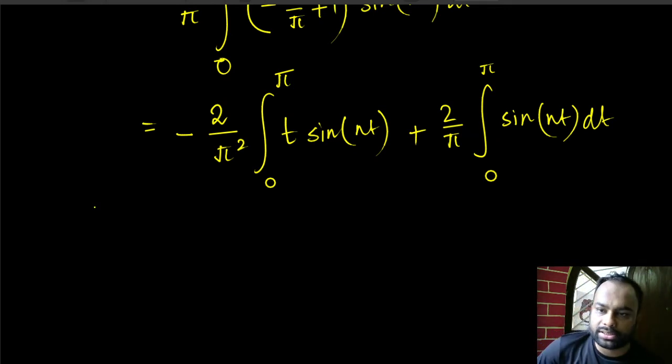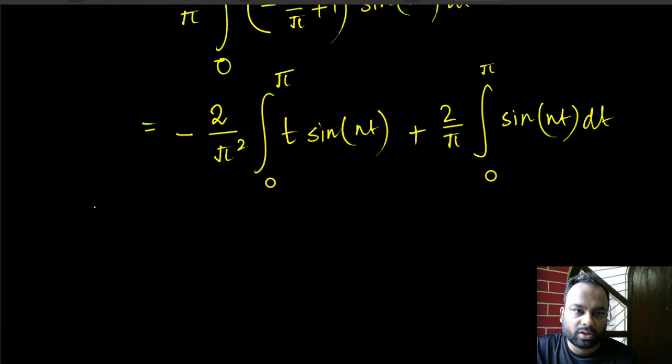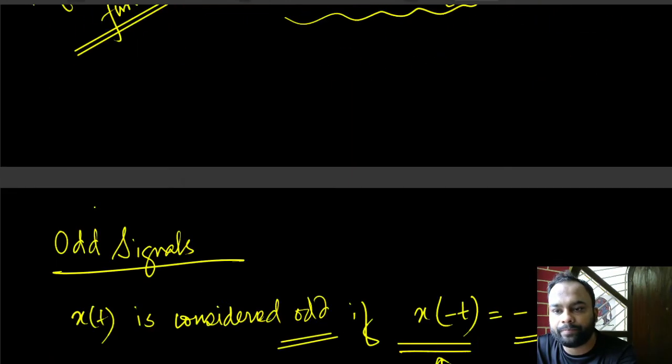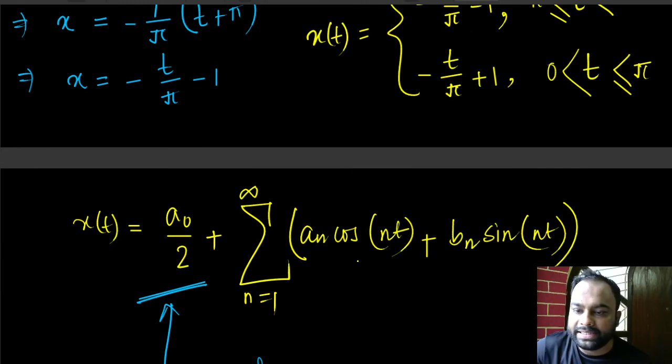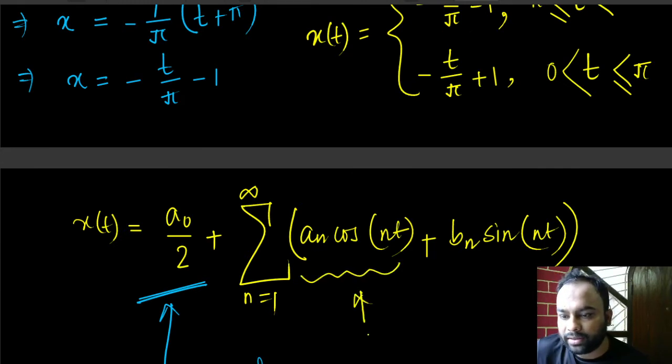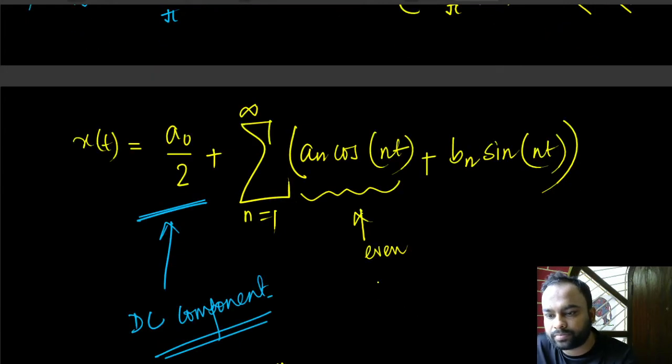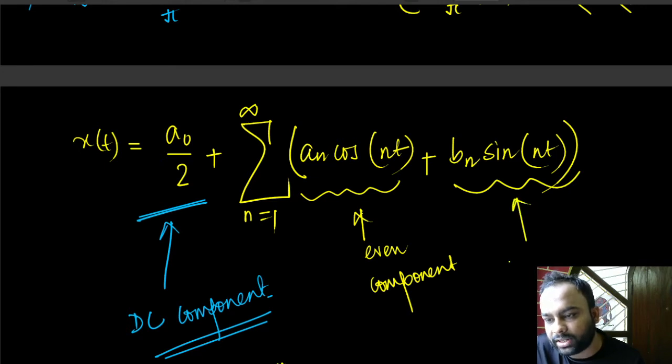I think this is not that difficult to understand. So do tell me if you understood up to this point. We will later discuss that for this Fourier series expression, this is the DC component, this is the even component, and this is the odd component of the signal.